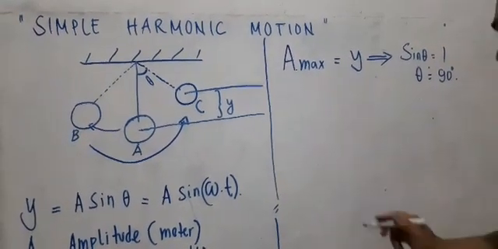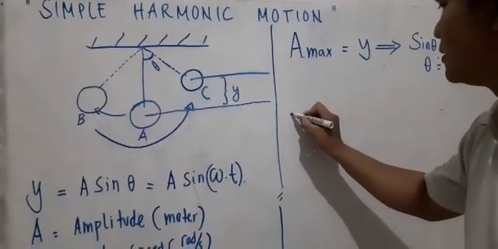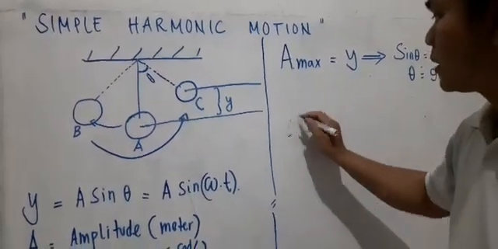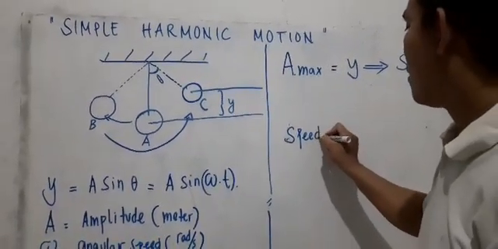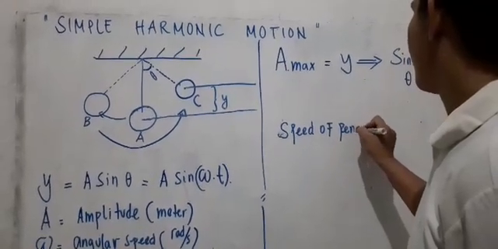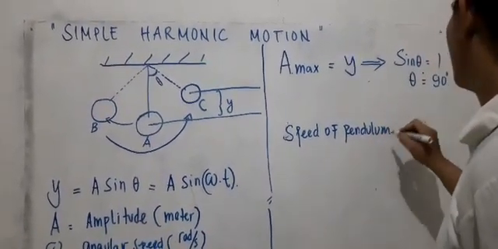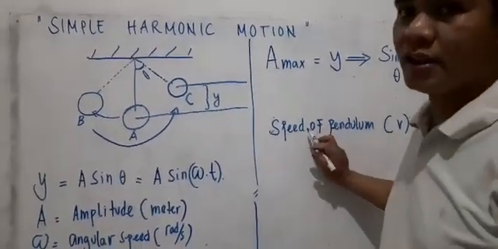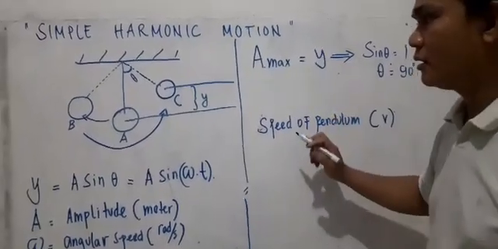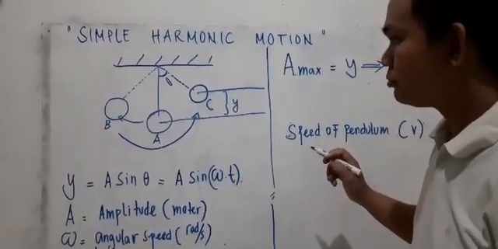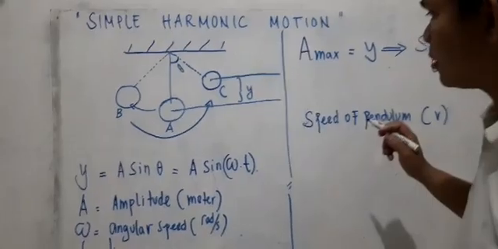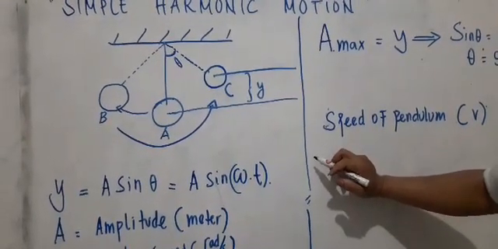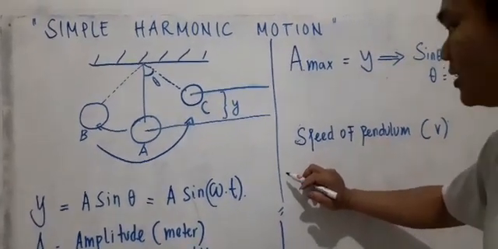Next is the velocity or the speed of the pendulum. The speed of the pendulum, or v. If you are talking about speed and velocity, we don't get into the difference between speed and velocity here.